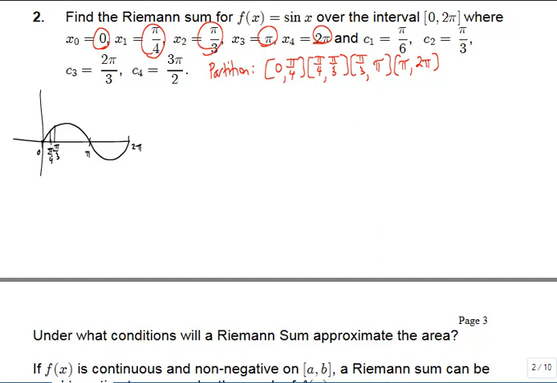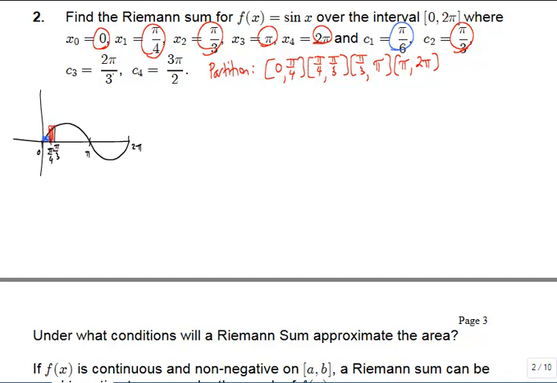Now, how high should these rectangles go? That's what these C values are. So pi over 6 means we're going to go to wherever pi over 6 would be, and that's going to be how high this rectangle should be. So something like that. And then we're going to go to pi over 3, which would be the right endpoint, and we're going to draw that rectangle.